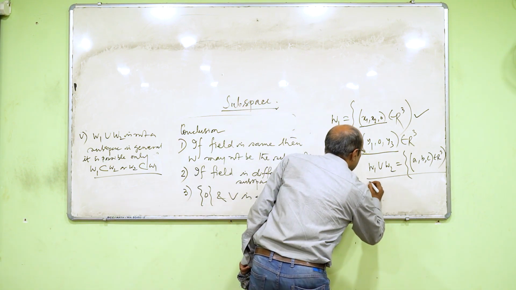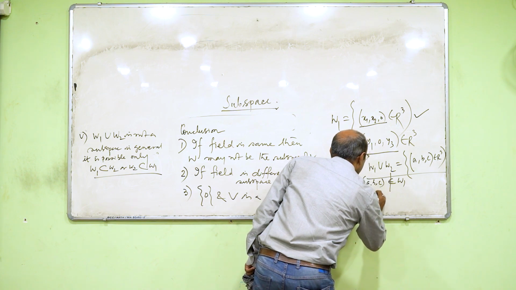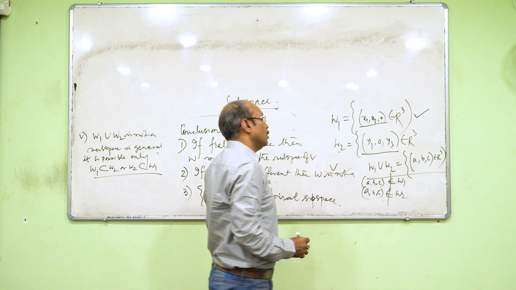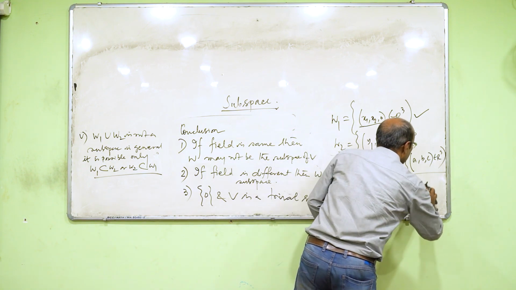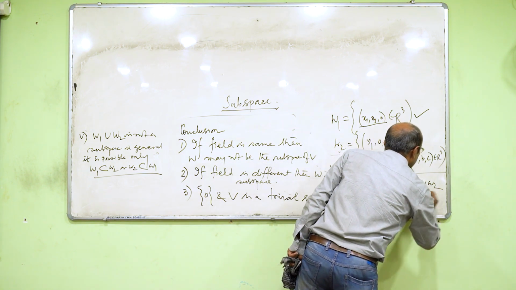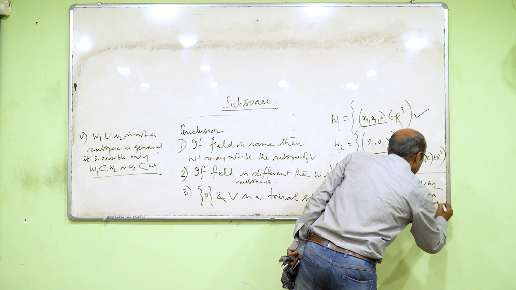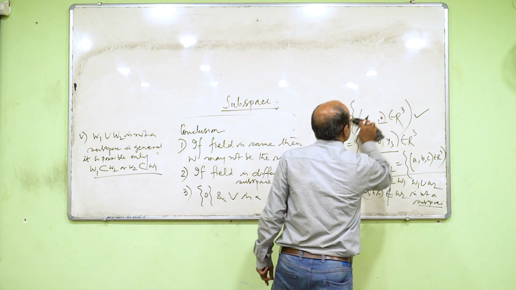But we see that A, B, C does not belong to W1, and A, B, C does not belong to W2. So W1 union W2 is not a subspace.